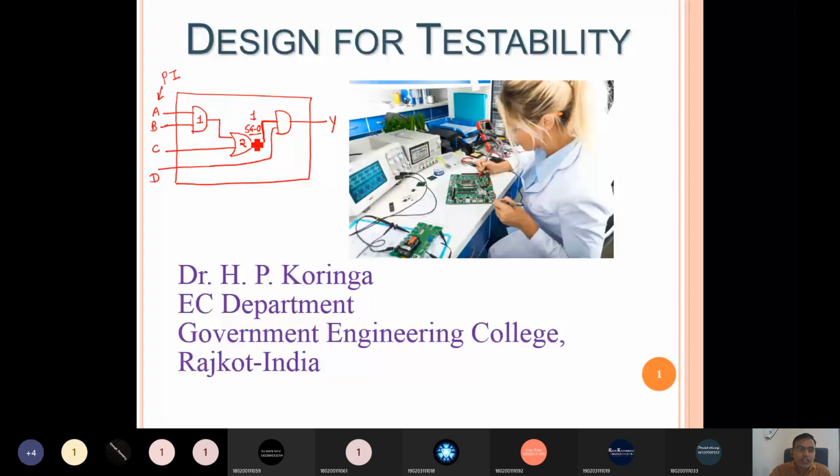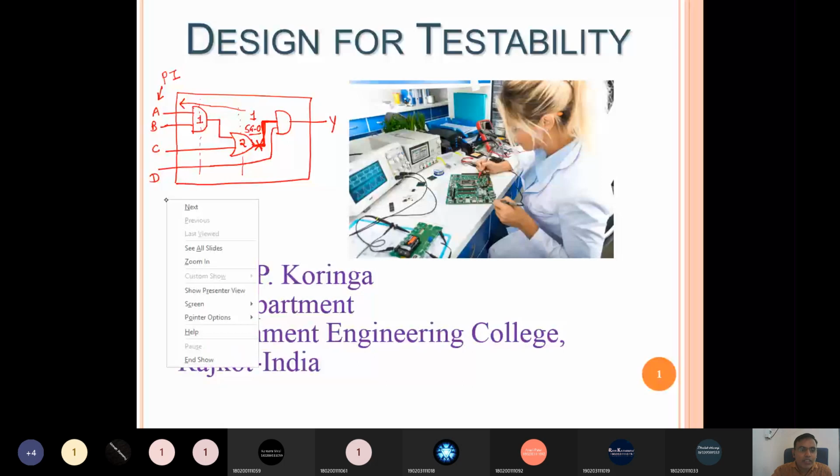It passes through two stages: this OR gate, then the input of the second gate, which is the output from the AND gate, and then it reaches the primary input. So the difficulty level to set the output of the OR gate to logic 1 to detect the stuck-at-zero fault is 2. Difficulty level is 2, and that is called controllability.